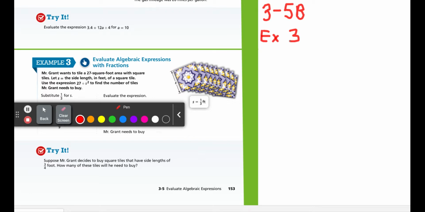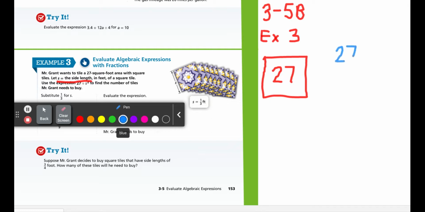So pretty much what they're telling us is that he wants to tile a room, and the area, which is the space inside, is 27 square feet. We have to figure out how many tiles he's going to have to buy, and we're letting S equal the side length in feet. So let's start by rewriting this expression.